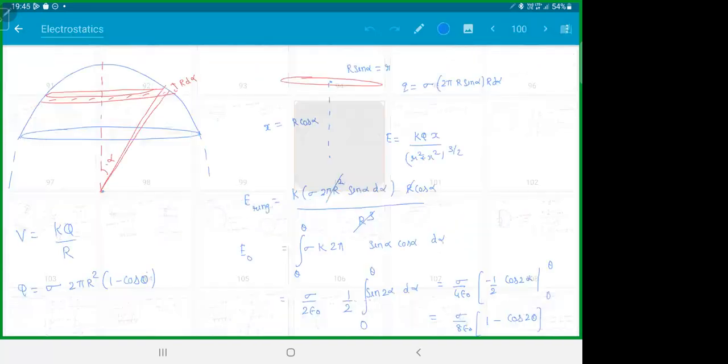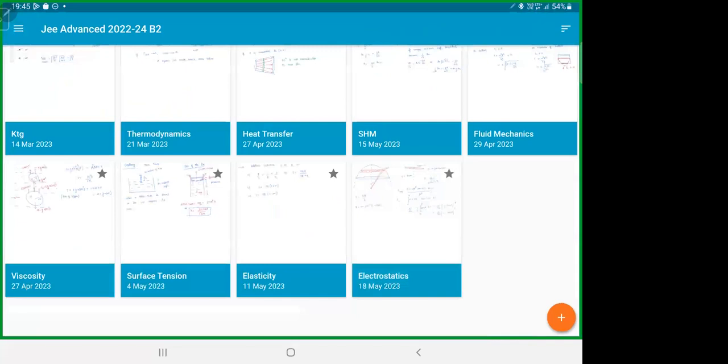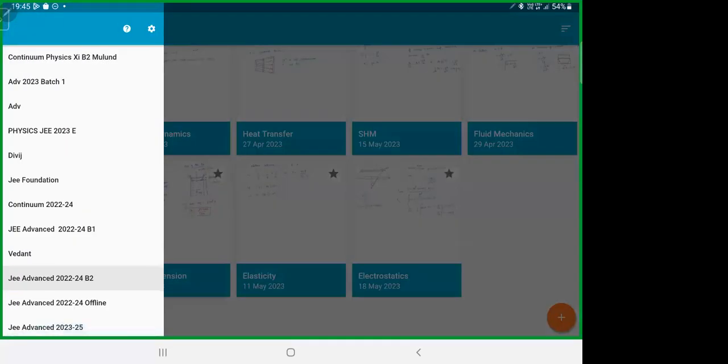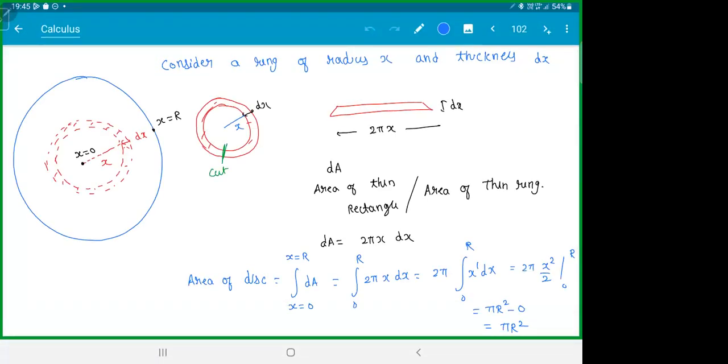We will even encounter hemispheres, spheres, solid spheres, a lot of shapes. In total, I think there are primarily 4 to 5 shapes which you need to remember. If you get the hang of it, it is pretty easy, but you need to get used to it. So for a disk, this is how you take an element. In 12th standard HSC, there is a derivation based on this, but this is how you choose elements and do it.